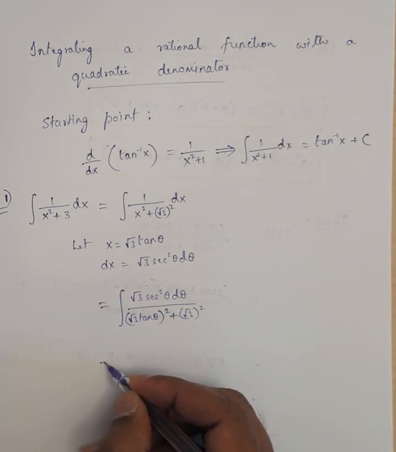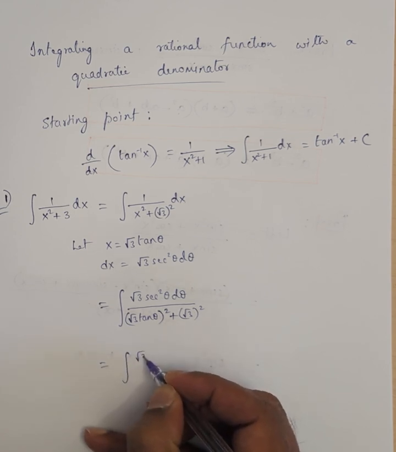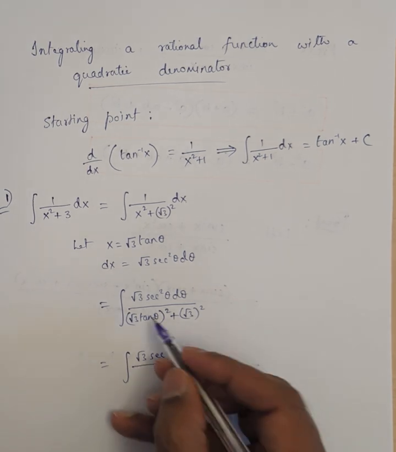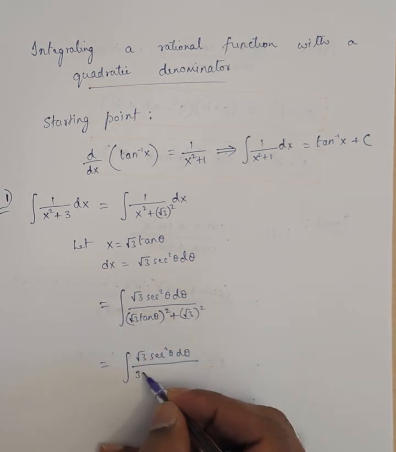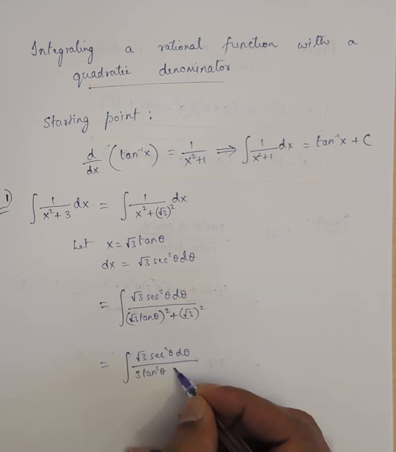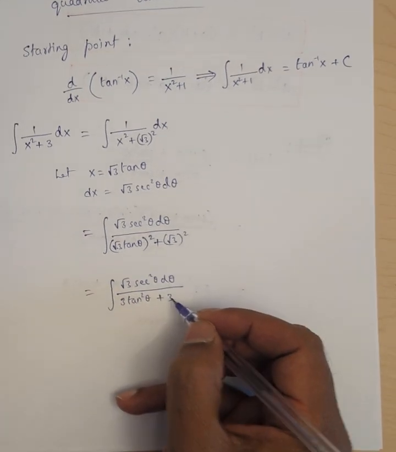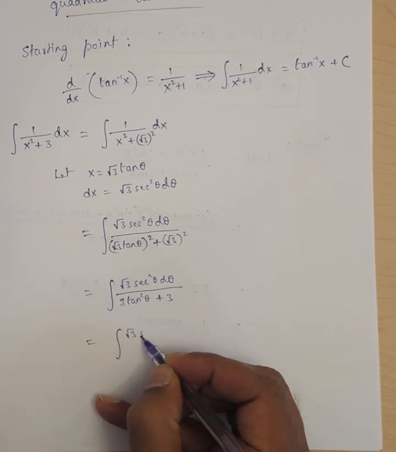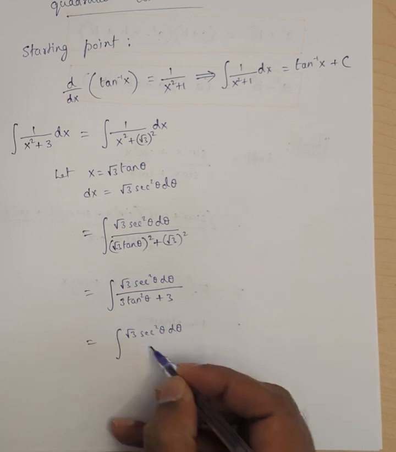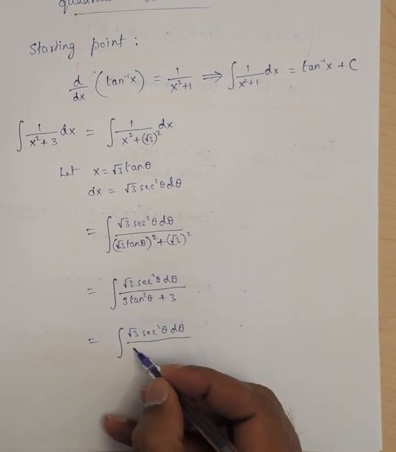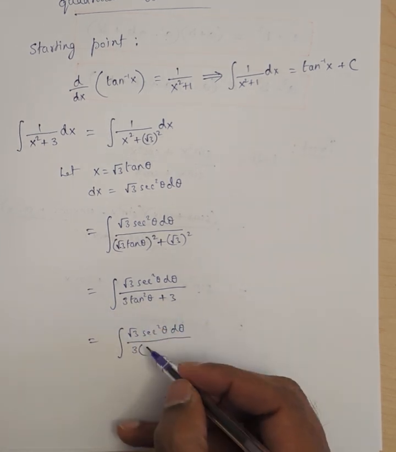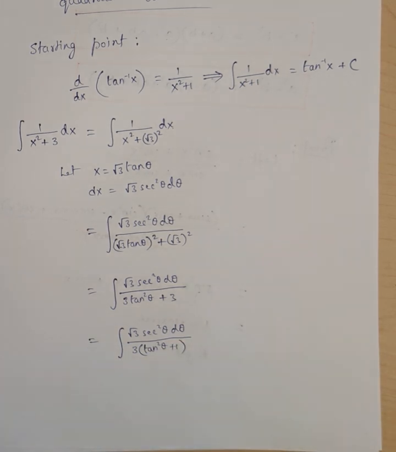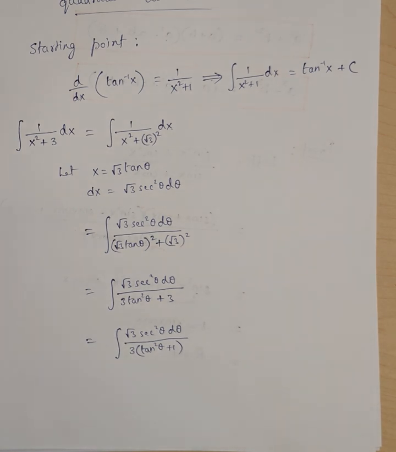So notice that this is going to be square root 3 secant squared theta d theta divided by, now this becomes 3 tan squared theta plus 3, and that will be square root 3 secant squared theta d theta divided by 3 times, you can factor a 3, tan squared theta plus 1, but notice that tan squared theta plus 1 is secant squared theta.